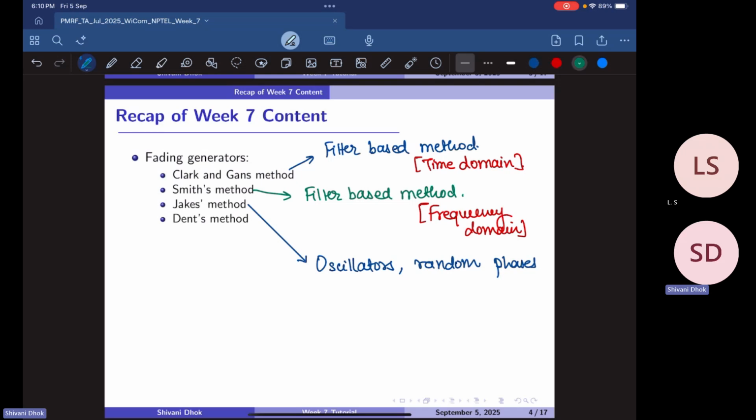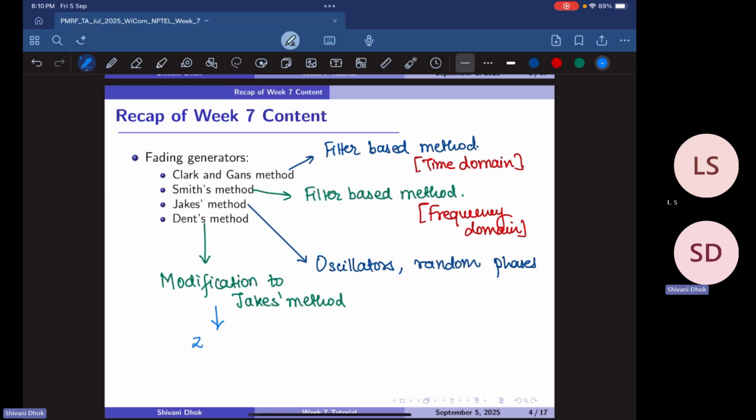And a modified version of Jakes' method is Dent's method. And as I said, it is a little bit of modification to Jakes' method. It basically helps you to generate multiple streams which are uncorrelated, but each stream among themselves is time correlated.